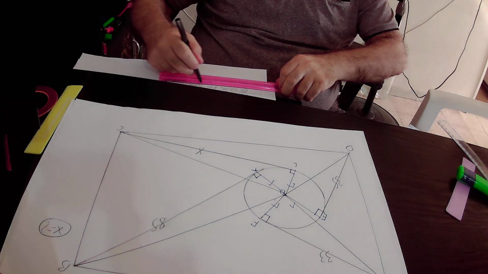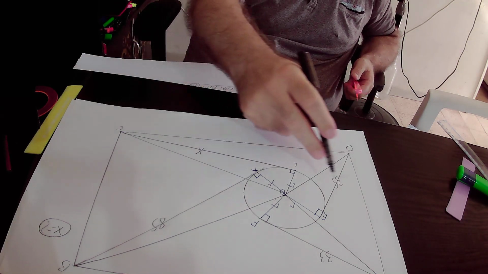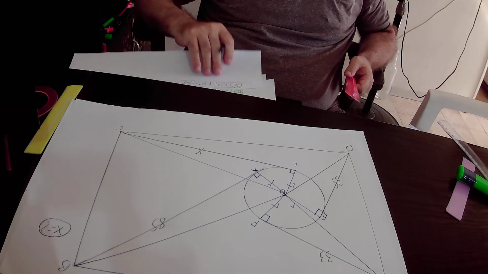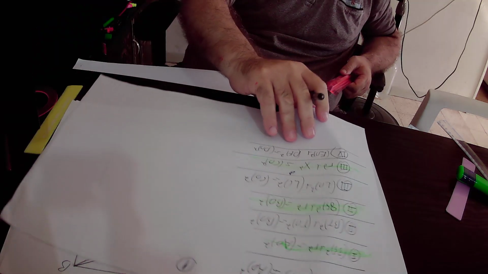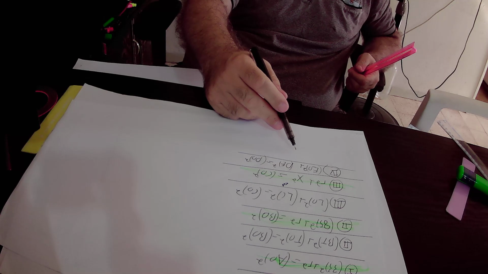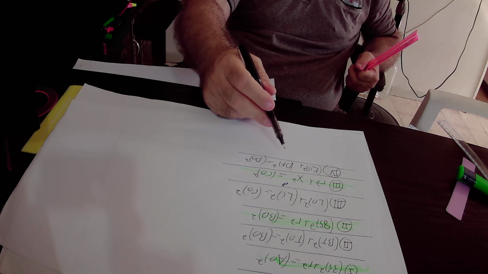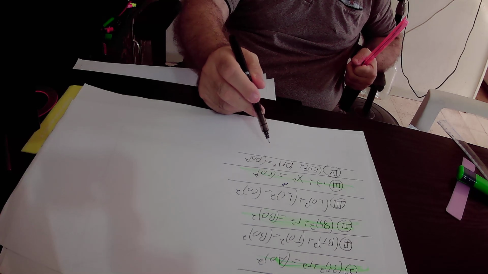I repeat again: EO squared plus DE squared equals DO squared.